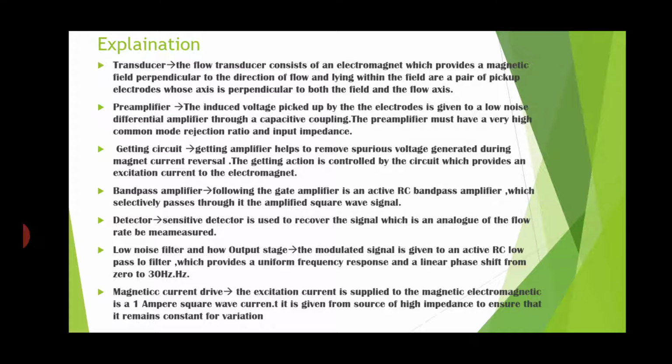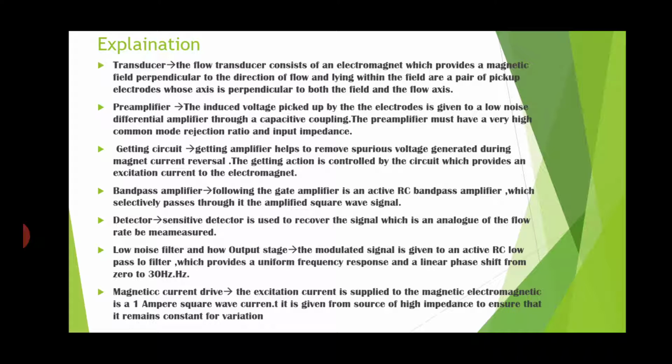Explanation. Transducer. The flow transducer consists of an electromagnet which provides a magnetic field perpendicular to the direction of flow, and lying within the field is a pair of pickup electrodes whose axis is perpendicular to both the field and the flow axis.